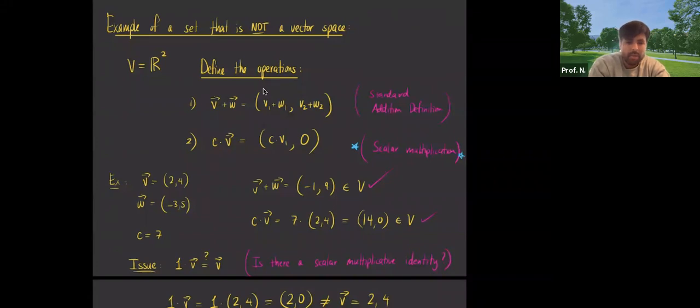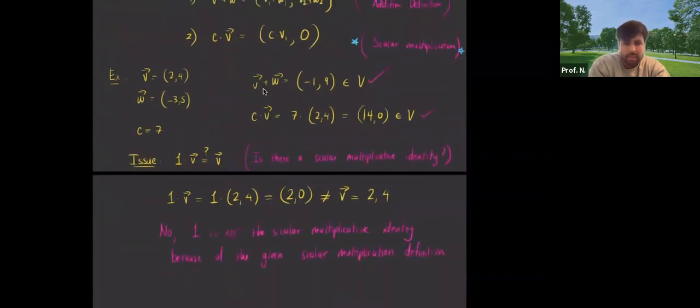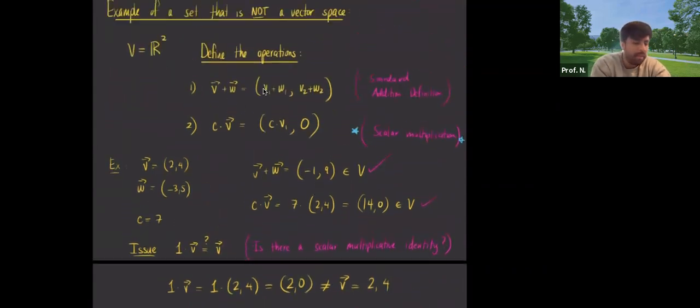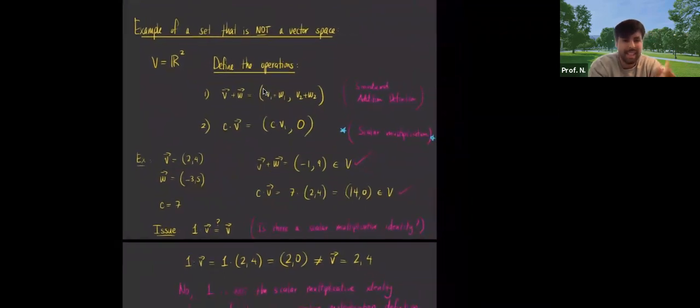I don't know what you're referring to as the property. The property that doesn't hold is this. This is the property for a vector space, and the question is whether it holds for this particular example. And it doesn't. So I'm giving you an example of something that is not a vector space.